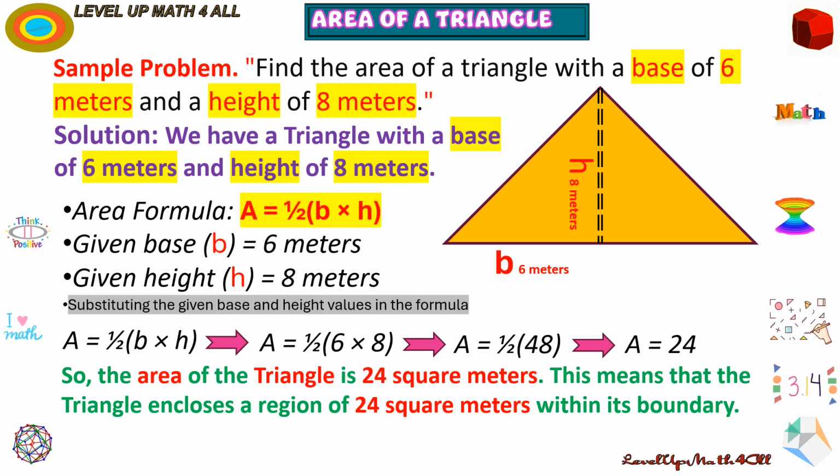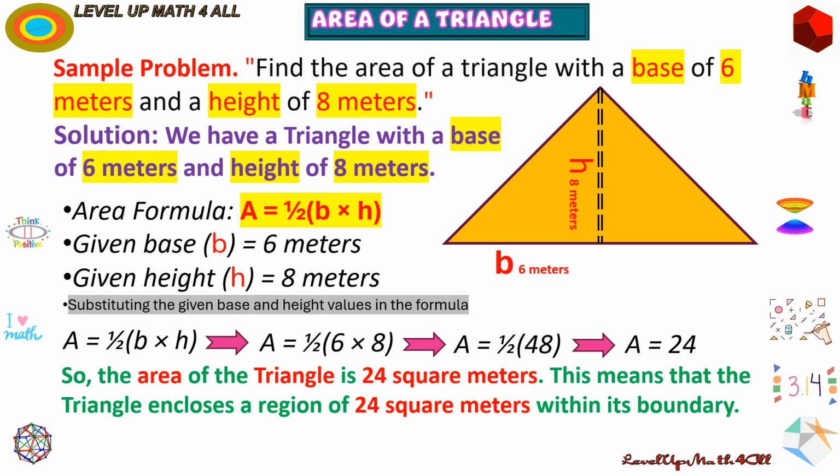So now, how to solve this one? The solution: we have a triangle with a base of 6 meters and height of 8 meters. To find the area of a triangle, the formula is A equal to half B times H. In the given problem, the base is 6 meters, the height is 8 meters. Let's substitute the values in this formula.